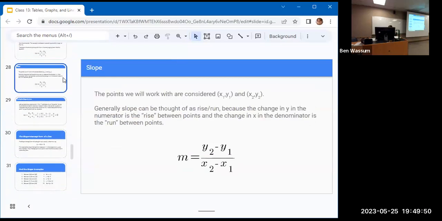Now, this is where it makes a little bit more sense. So the points you're using, those little subscript numbers are just designating different points. So y2 and x2 are part of the same point. y1 and x1 are part of the same point.